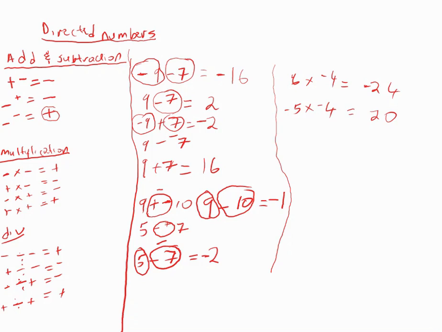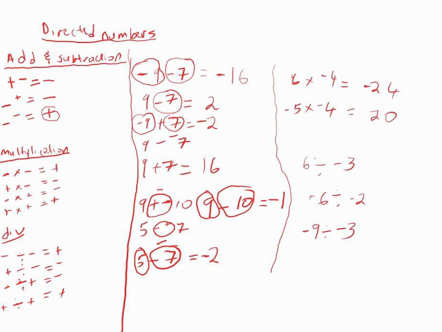Let's say you have 6 divided by negative 3, and you have positive 6 divided by negative 2, and you also have negative 9 divided by negative 3.